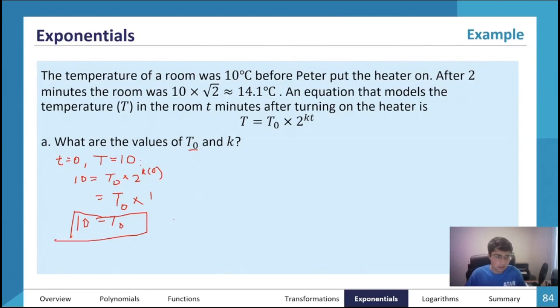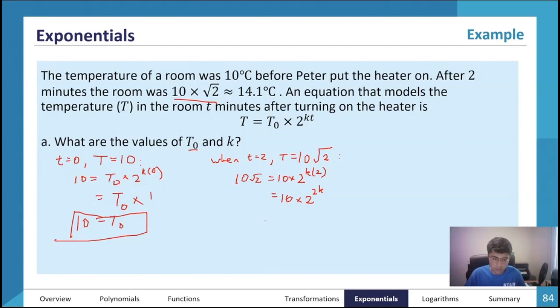The second thing is we need to find k, and that's where we use the second piece of info. So when t equals 2, so after 2 minutes, the room temperature is 10 root 2. So T equals 10 root 2. Again, we substitute that in, substituting also our value for T naught. So 10 root 2 is equal to 10 times 2 to the k times 2, so that's equal to 10 times 2 to the 2k.